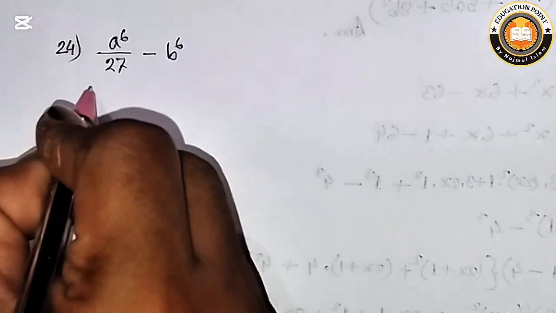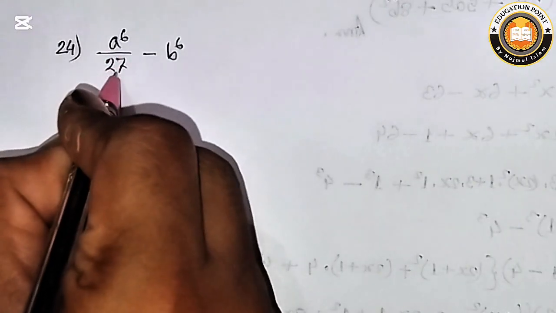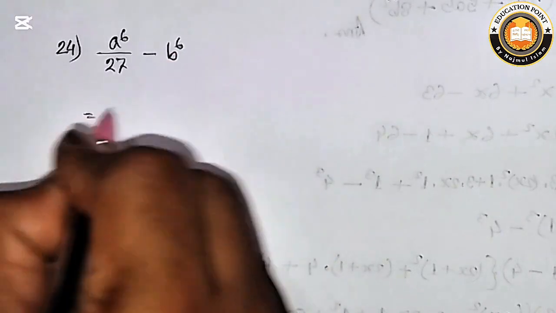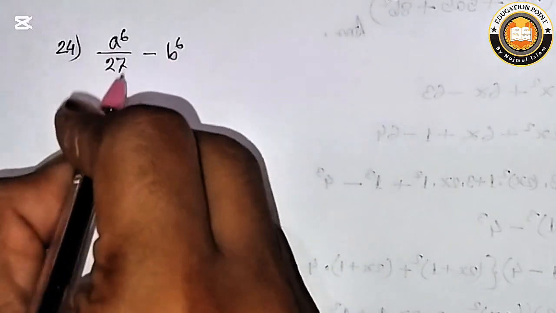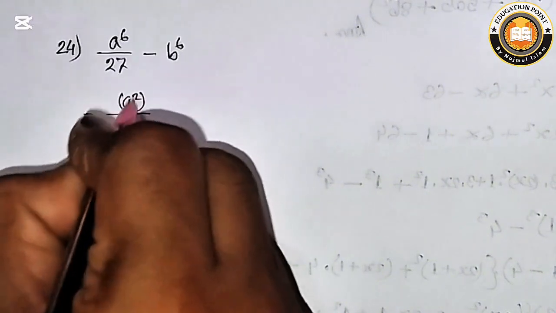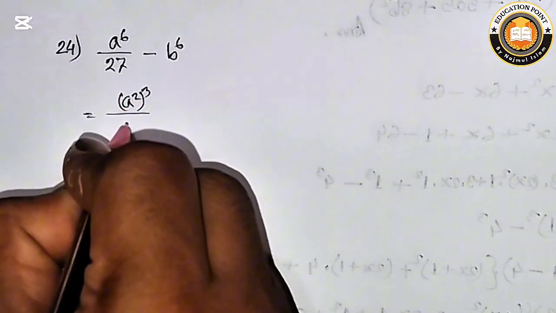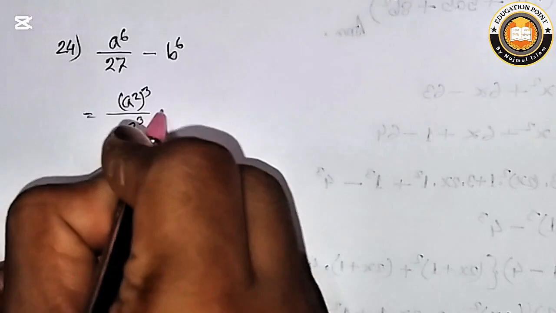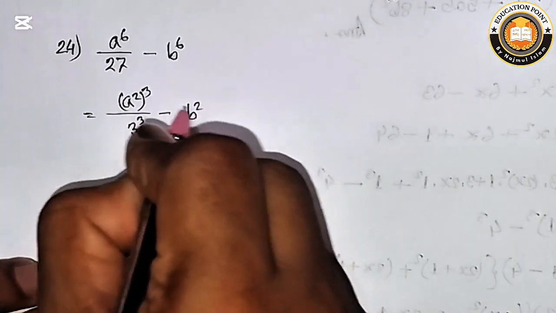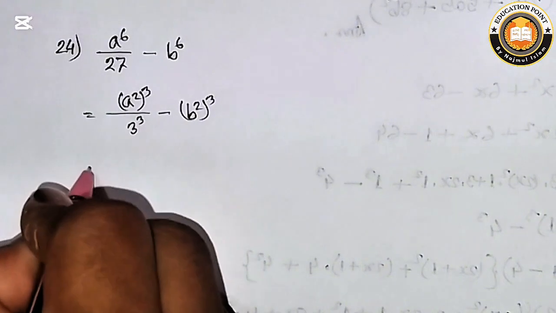Number 24, a to the power 6 divided by 27 minus b to the power 6. Here a to the power 6 modify as a square whole cube, 27 modify as 3 cube, minus b to the power 6 modify as b square whole cube.